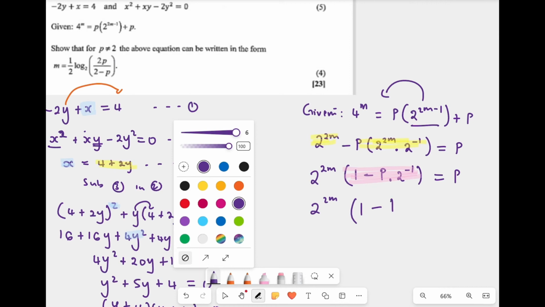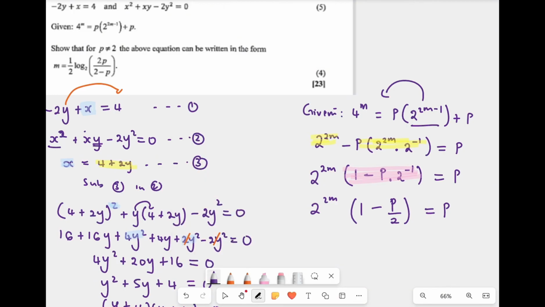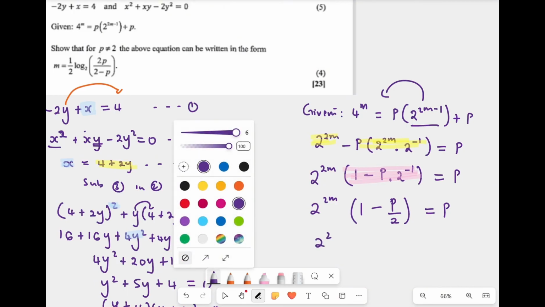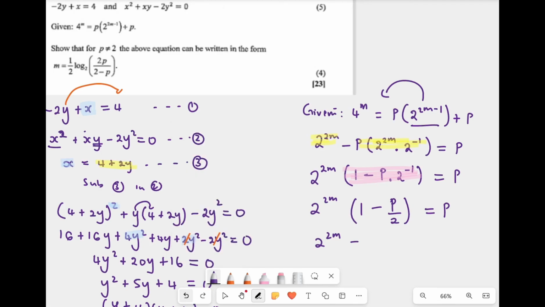So I can write this as p over 2 is equal to p. So we have 2 to the exponent 2m is equal to, if I sort this out again, because here I am subtracting fractions, 1 can be written as 2 over 2, so I will have 2 minus p over 2. This is equal to p.